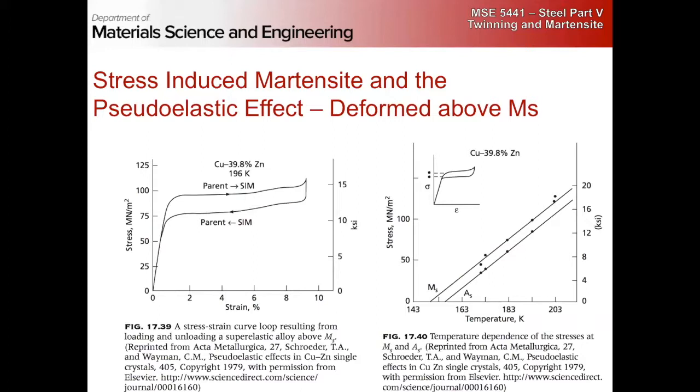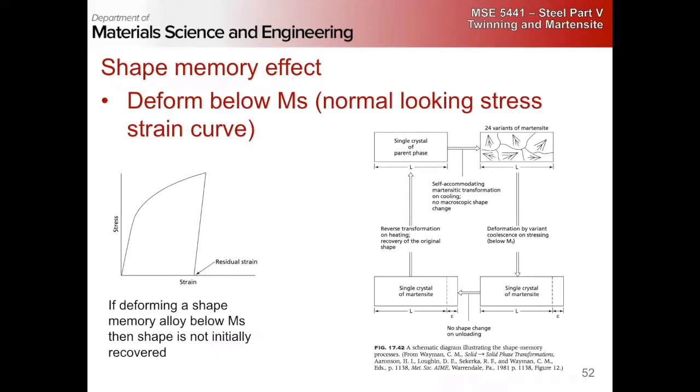The counter to that is the shape memory effect, right? Where you can use the strain from the shape memory effect to do useful work, right? And the amount of useful work you can do decreases with multiple cycles for the same reason, right?